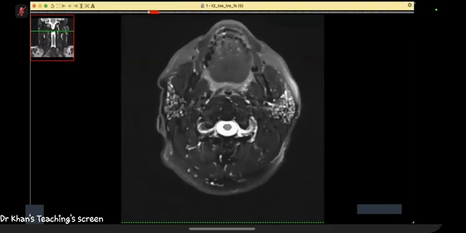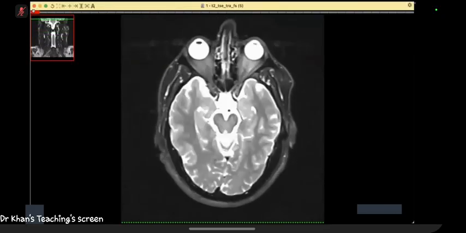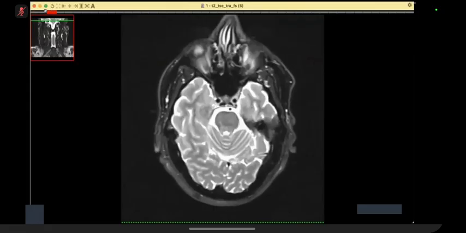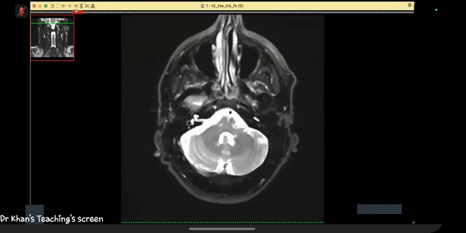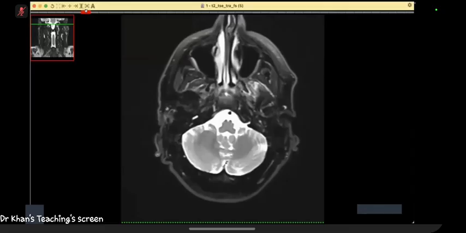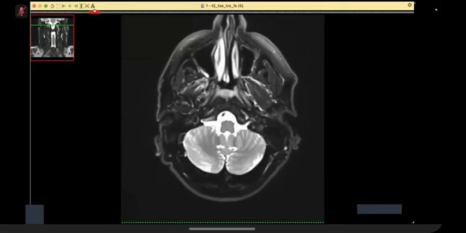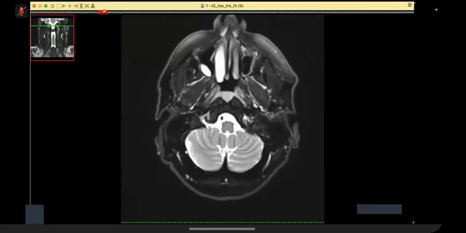So I'm just going to go through my review areas, starting with the skull base. The partially visualized brain parenchyma appears to return normal signals with no significant intracranial mass. The maxillary sinuses look clear.